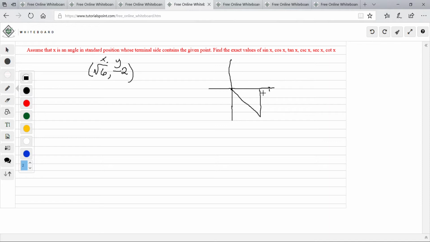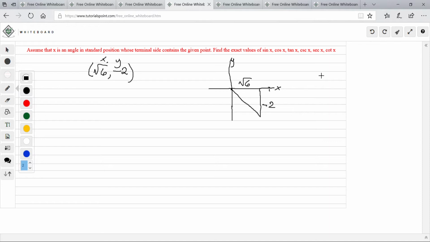Okay, so this is our x value, here's our y value. So our x is square root of 6 and our y value is negative 2 because it's in quadrant 4. And then let's find the hypotenuse.